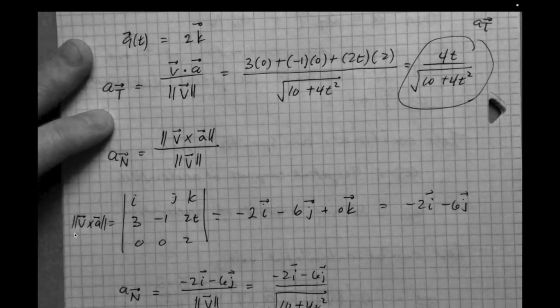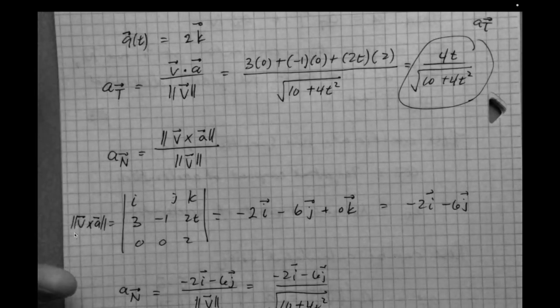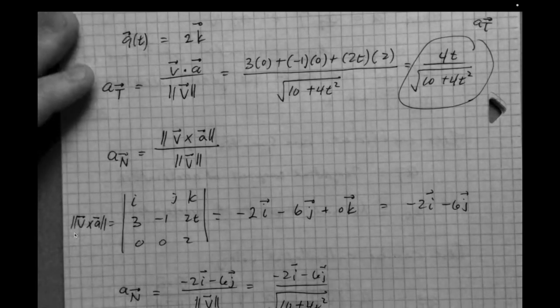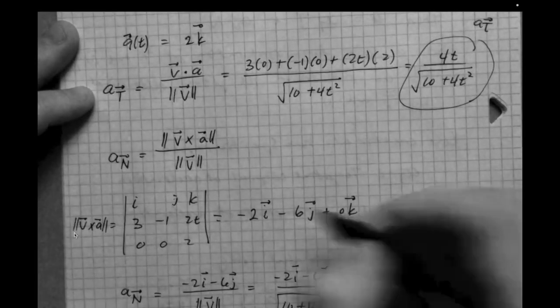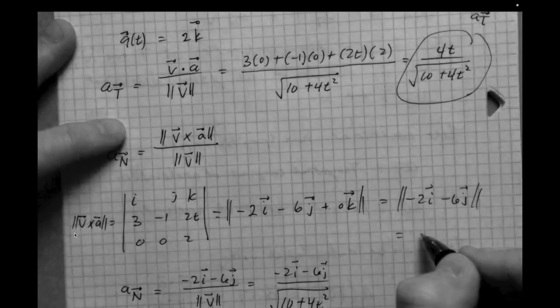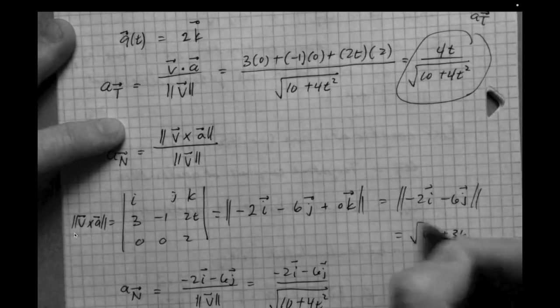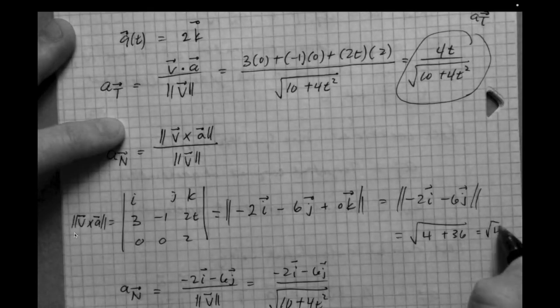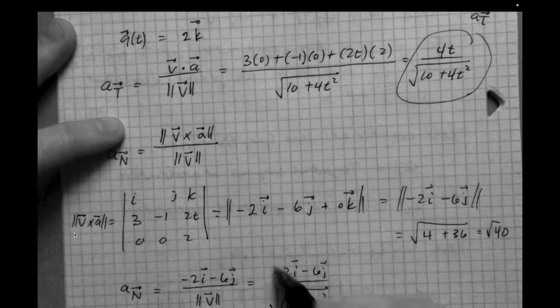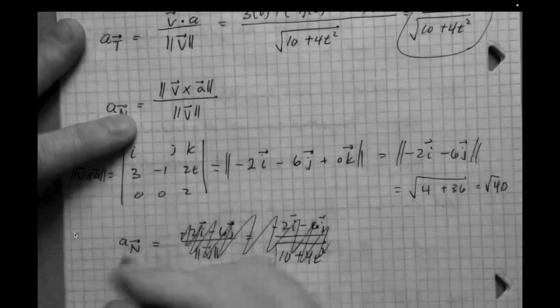Okay, and what do we get? Oh, sorry, I need to take the norm of this still, I apologize. That's going to be the square root of 4 plus 36. My apologies, I did this wrong, so don't worry about that part.